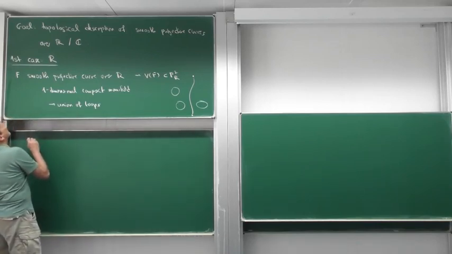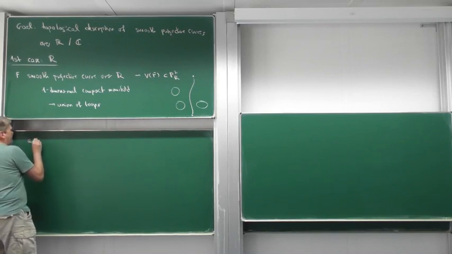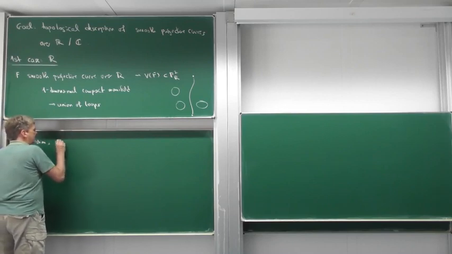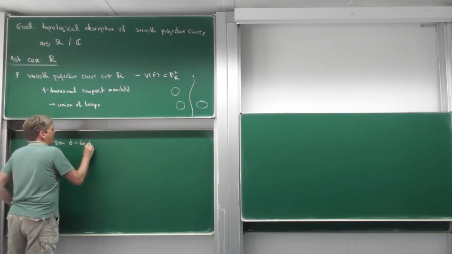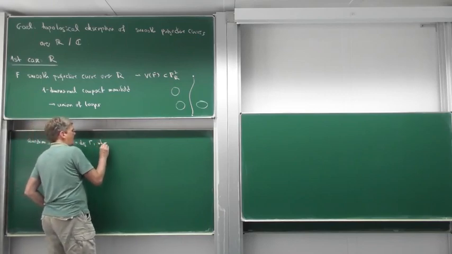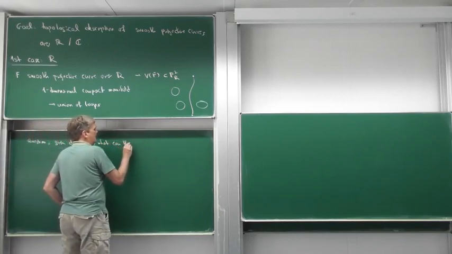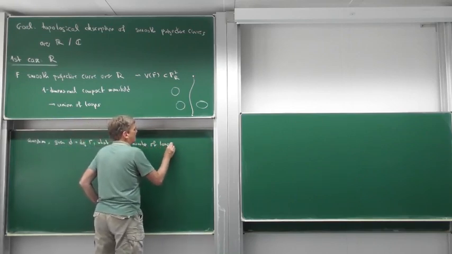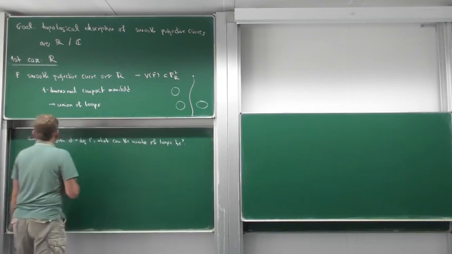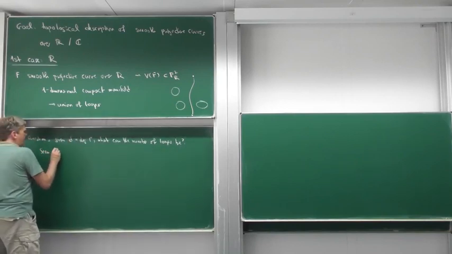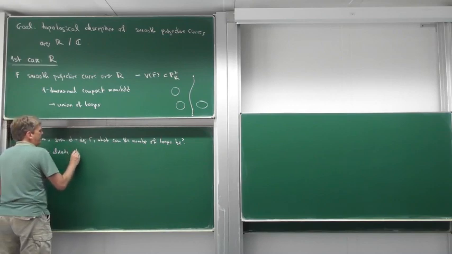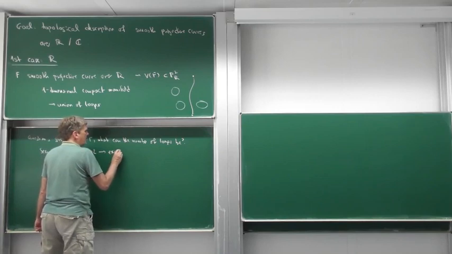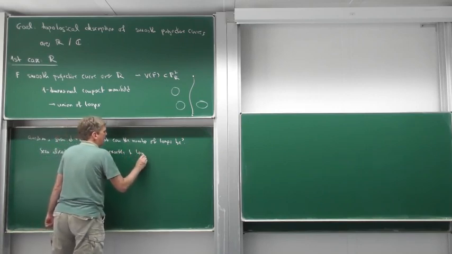So the question is, given d, which is the degree of f, what can the number of loops be? And we had seen already that for d equals 1 and d equals 2, we always have exactly one loop.